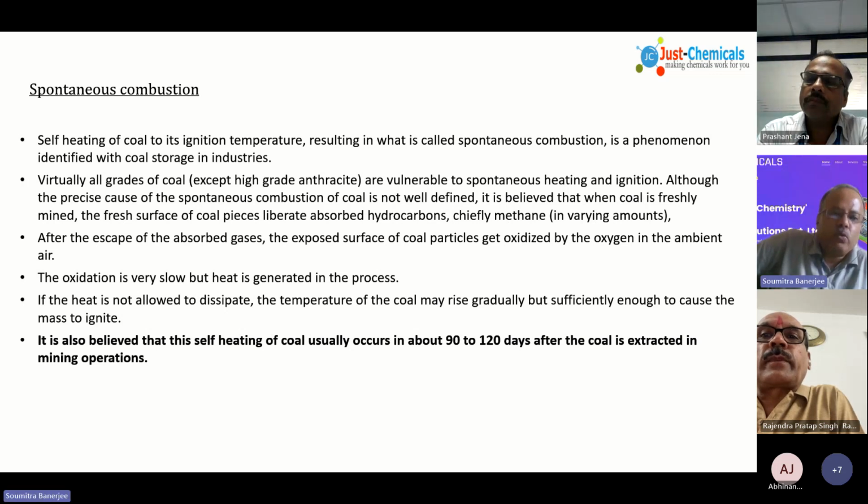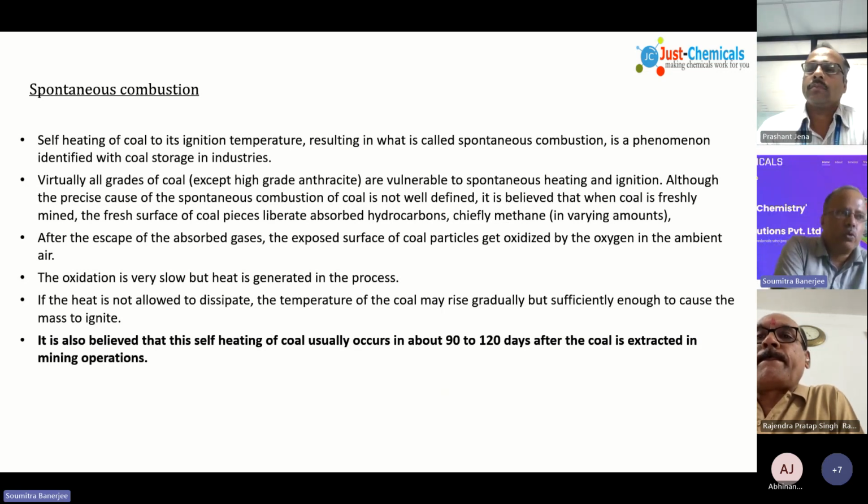It is believed that when coal is freshly mined, the fresh surface of the coal piece liberates the absorbed hydrocarbon. It always contains some amount of methane in the coal bed. So that hydrocarbon gets liberated, which is methane.